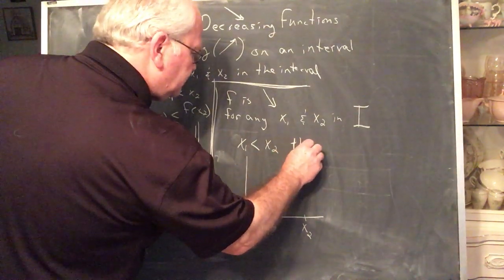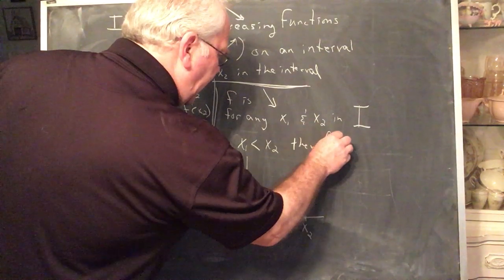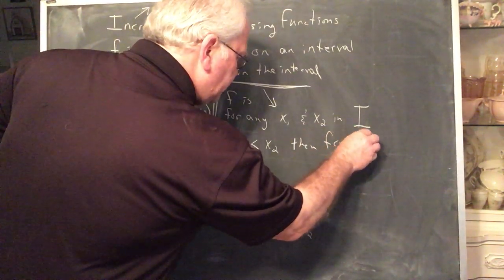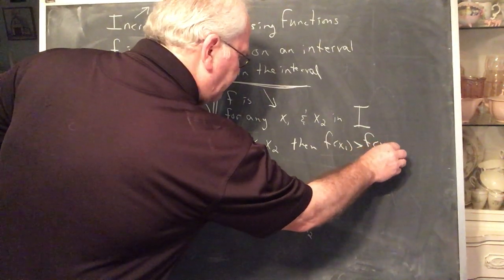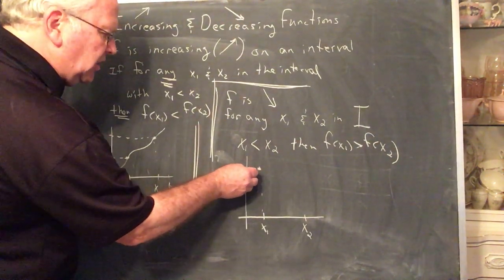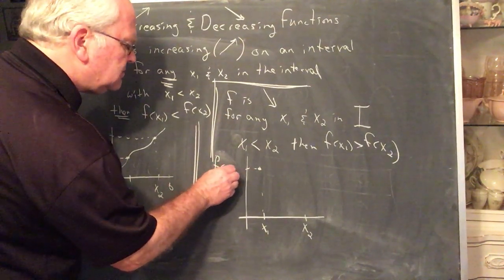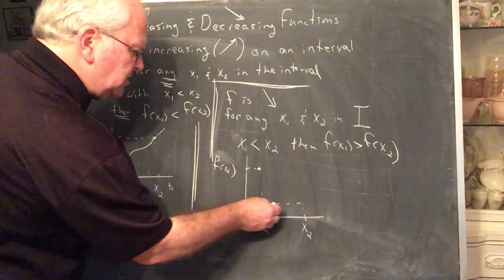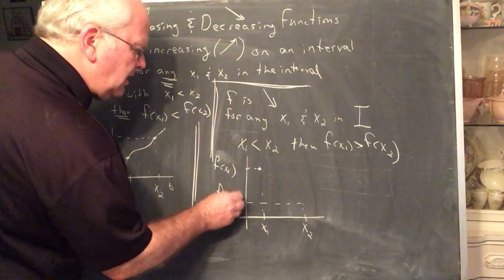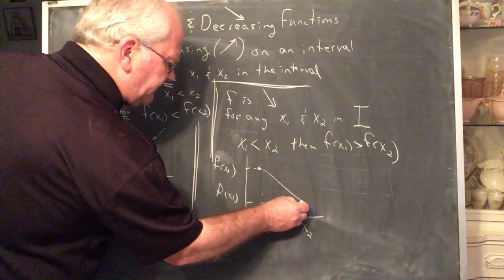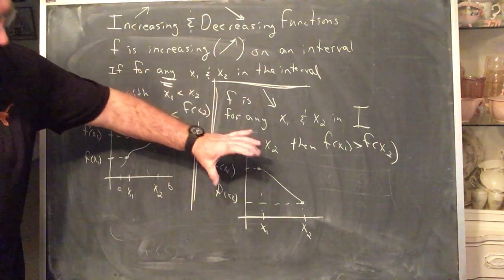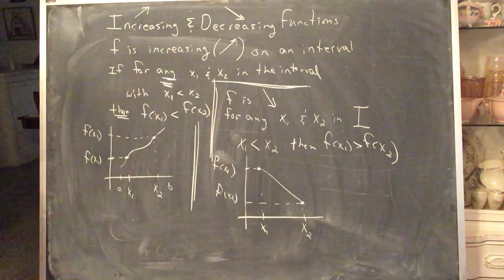Then, what we require is f of x1 is greater than f of x2. What does that mean? f of x1 is now the larger value. f of x2 is now the smaller value. And let's assume this is the graph, what that means is the curve is now going downhill. This must be true for every possible choice of x in the interval.